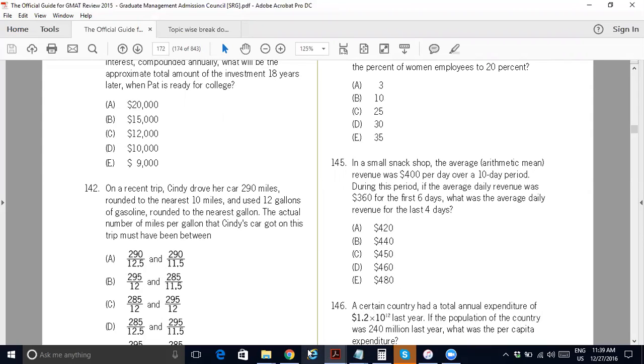So on one side you can write first 6 days. On the second side you can write last 4 days.